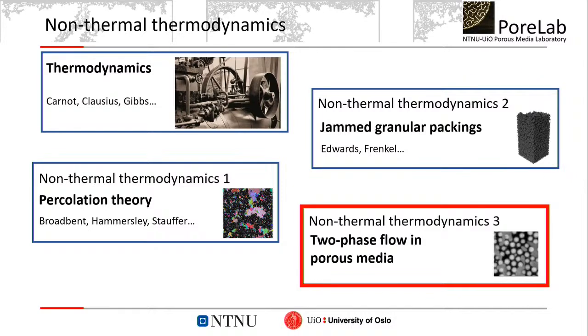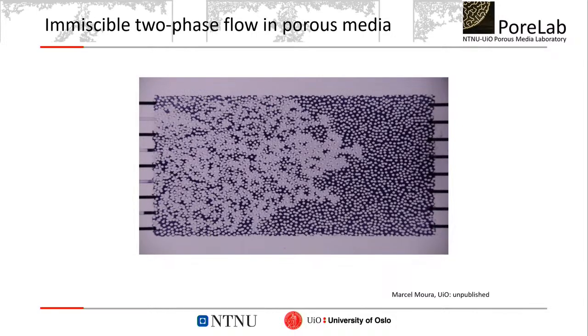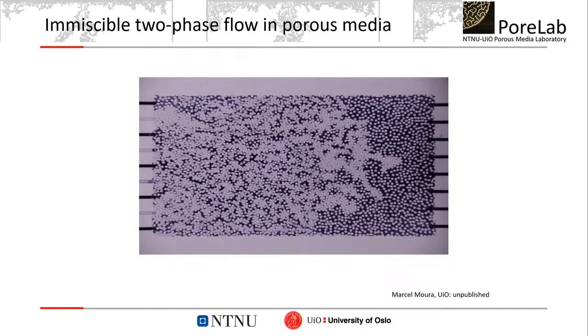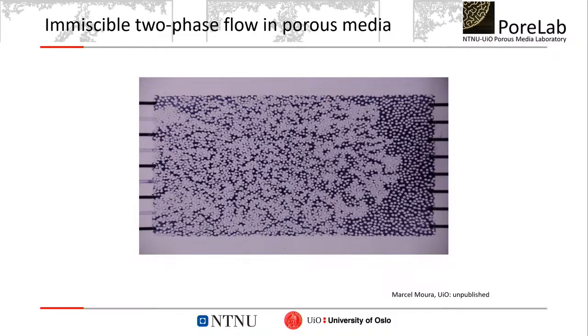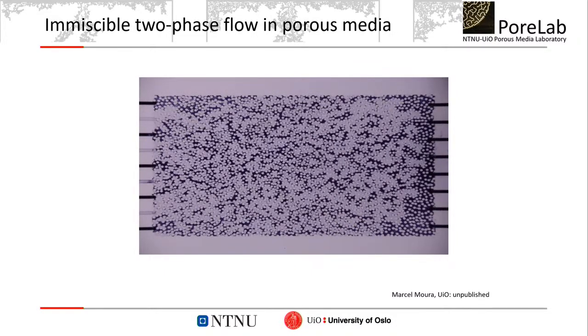And what I'm going to give you now is a third example, namely immiscible two-phase flow in porous medium. All right, so here's the problem. That's the system you're going to have in mind, and this is work by Marcel Moura. So it consists of these two parallel glass plates, and well, actually this one here is not glass plates.